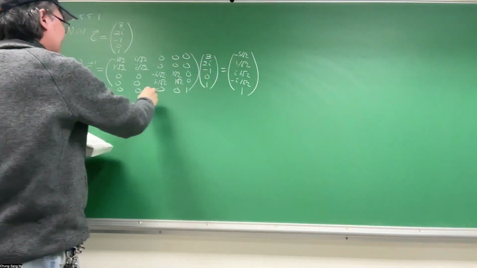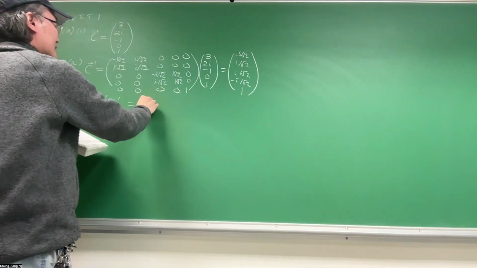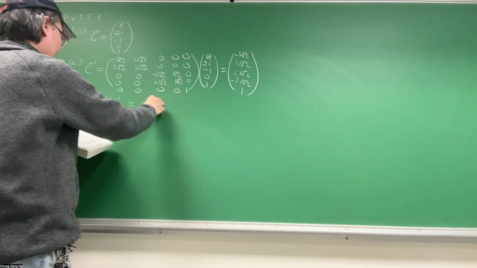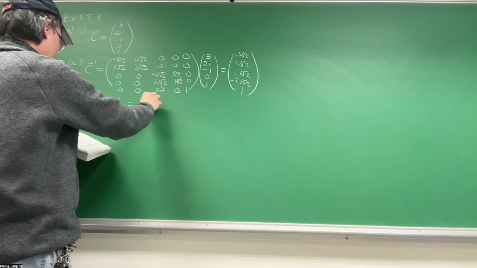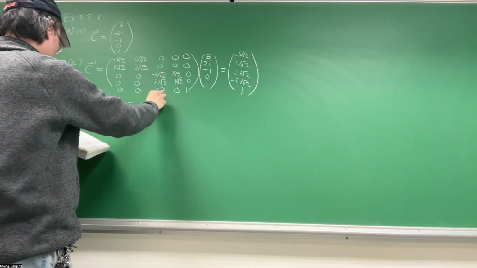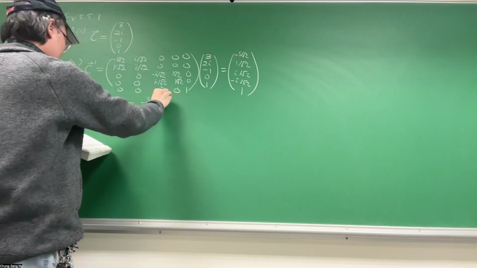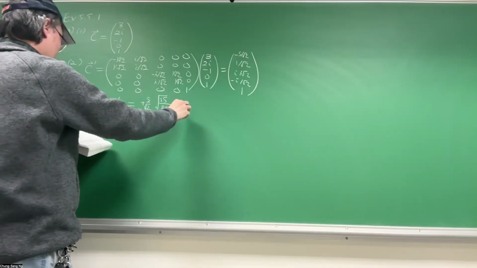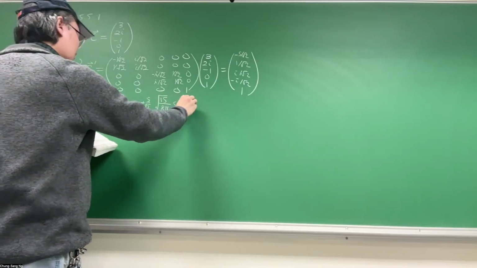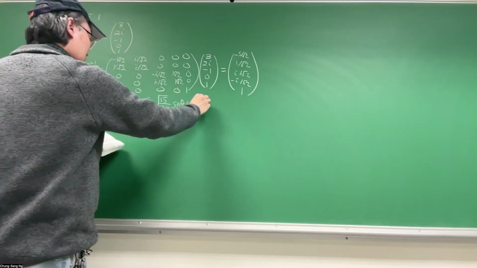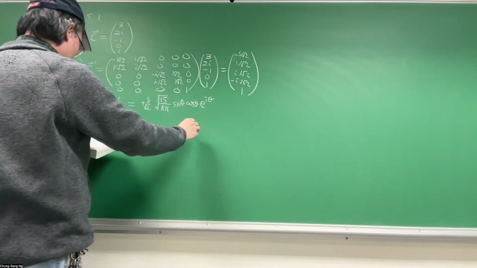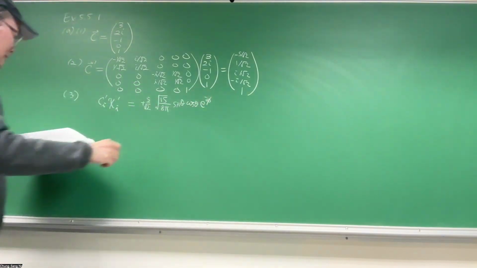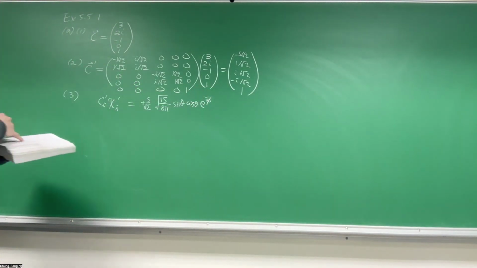So minus 5, I have 5 square root of 2, and chi1 pi is minus 15 over 8 pi. The minus become plus sine theta cosine theta e to the I phi. Right.